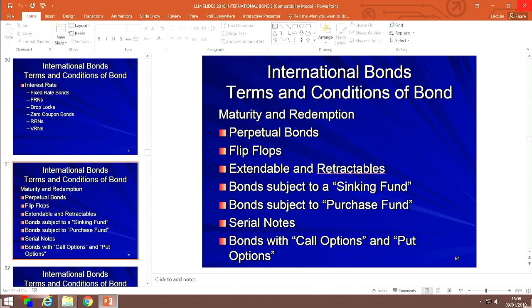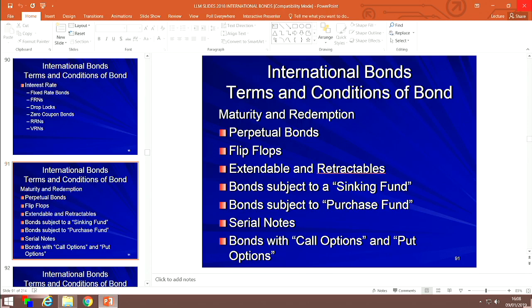Let me come to the redemption provisions. And here there's another level of variation in terms of how bonds are redeemed at the end of the life of the bonds. Most bonds usually have a single maturity date when all of the face value of the bonds need to be repaid. In the markets, they call it a bullet repayment clause.